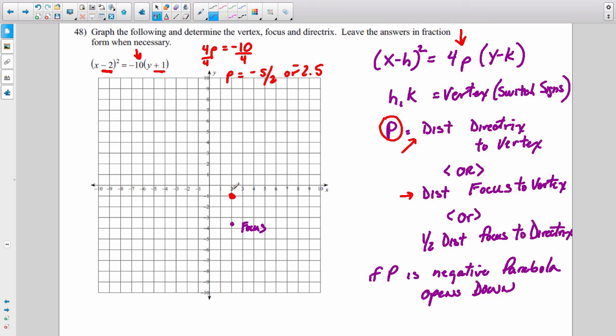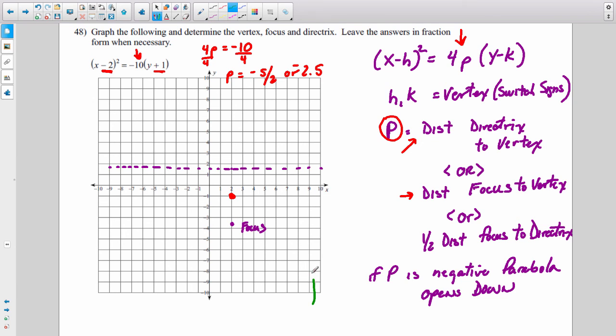Therefore, I know my directrix is going to be 2.5 above, because I have a downward opening parabola. That means my directrix is on top. And you know that the focus, like a salad bowl, it's always inside of it.